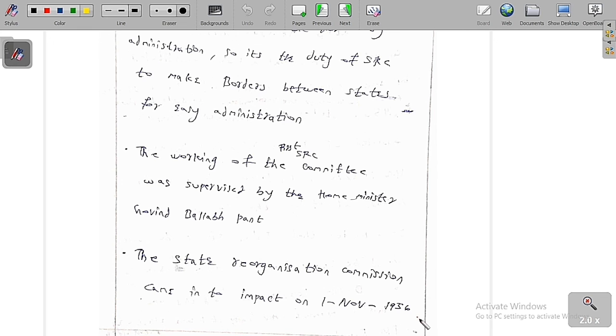Previously the borders of the states were inherited from British India, which were not suitable for easy administration, so it is the duty of the SRC to make borders for easy administration. The working of the first SRC committee was supervised by the Home Minister Govind Ballabh Pant. So finally, the first States Reorganization Commission was established in the year 1953.